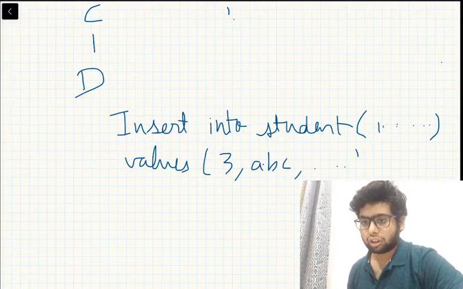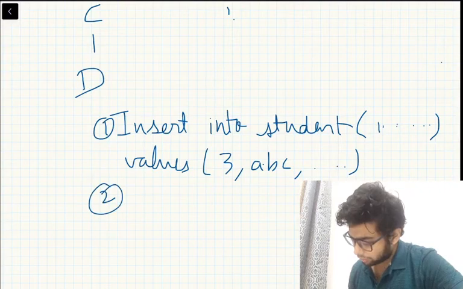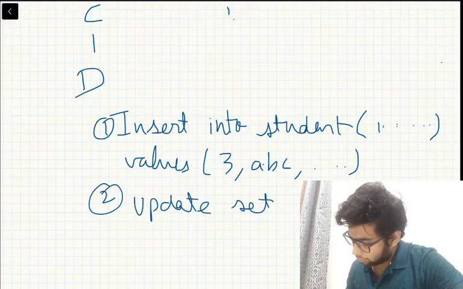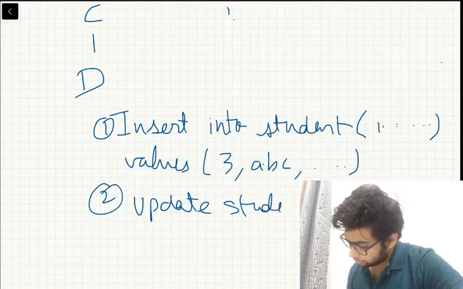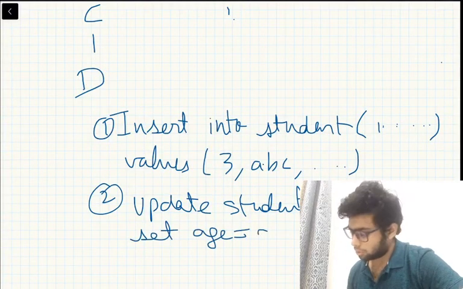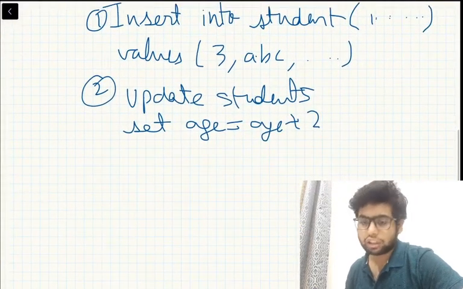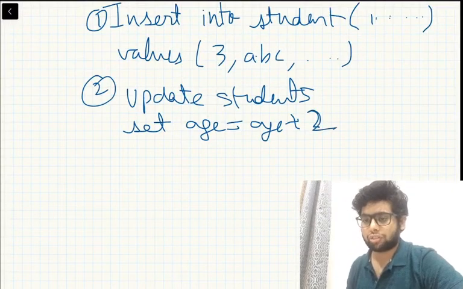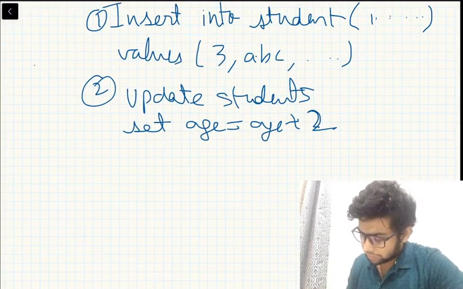So this is the first statement, and then the second statement would be, let's say, update students, which was our table name, set age equal to age plus 2. This would increase the age of each row of our table by 2. Right? So these two statements can form a transaction.